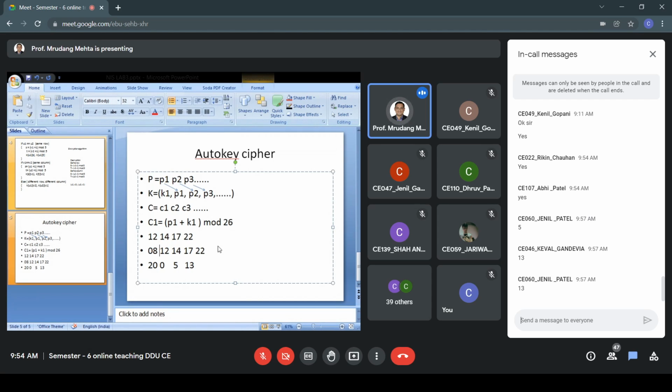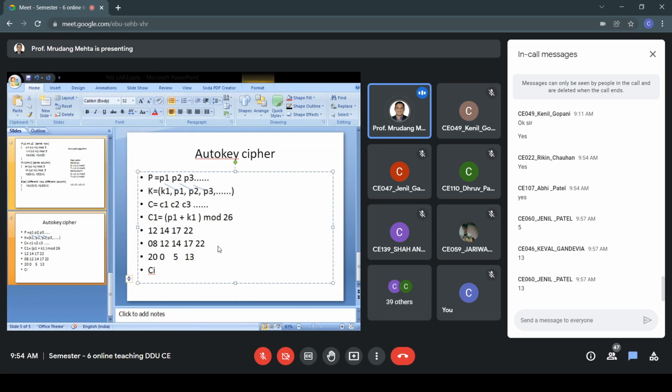So what we are doing is that in the additive cipher, we used the same key, so all these numbers were added with 8. Here we have different key values, right? So our generalized formula for encryption can be written as Ci equals Pi plus Ki mod 26.